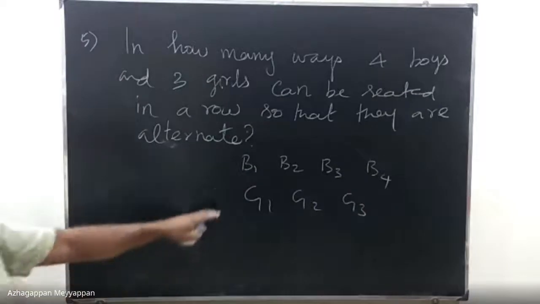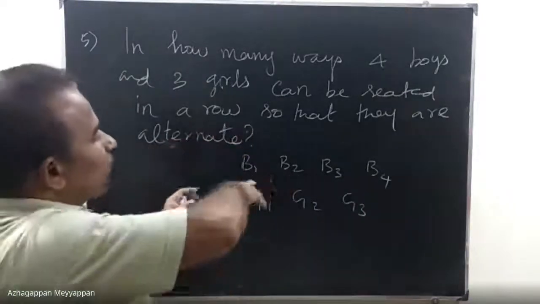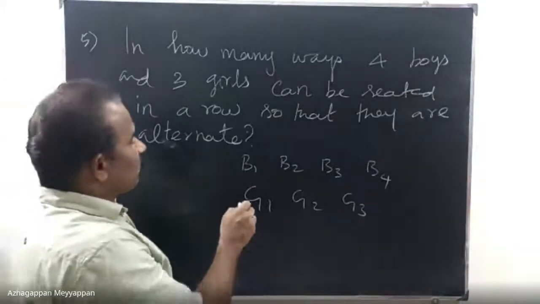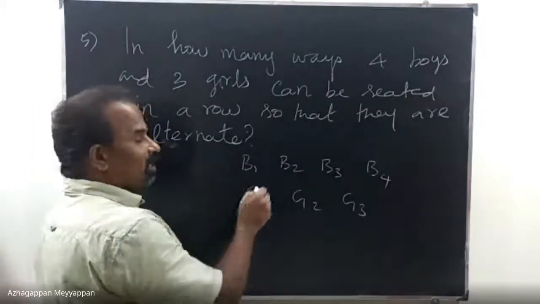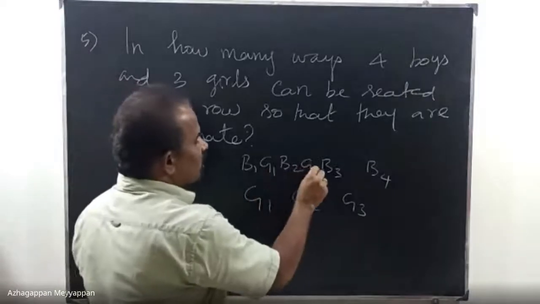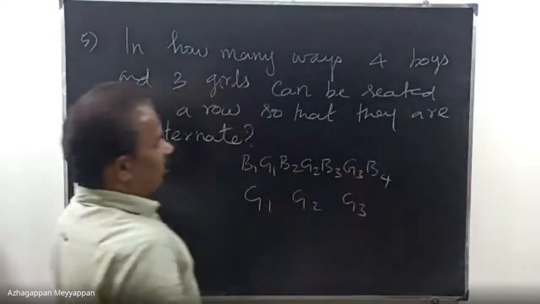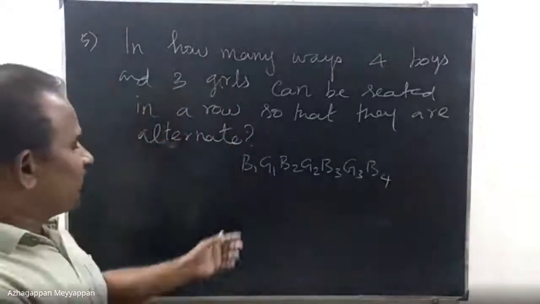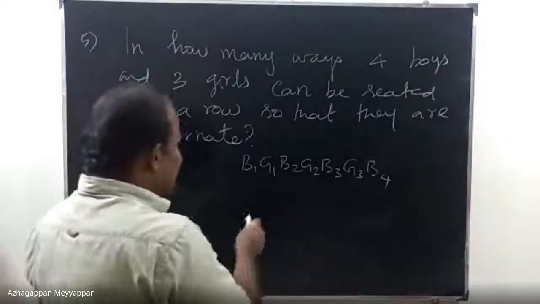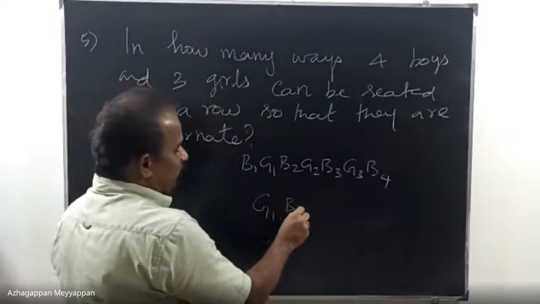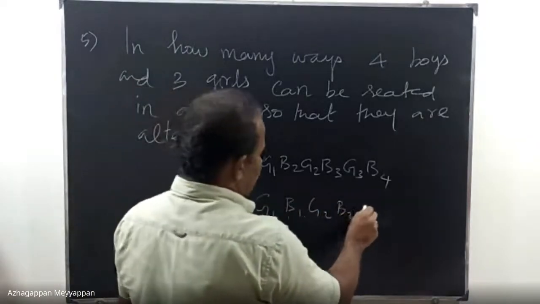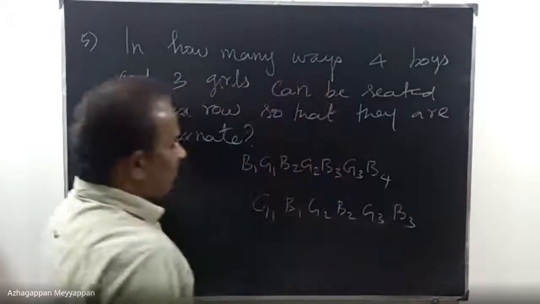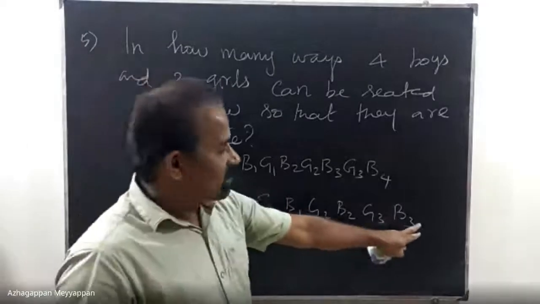So definitely they should sit in alternate. So therefore, if we start with a boy, then G1, then G2, then G3. This will be the arrangement. If we start with a girl, again you will be getting, suppose, G1, B2, G2, B3, G3, then one more boy is there.